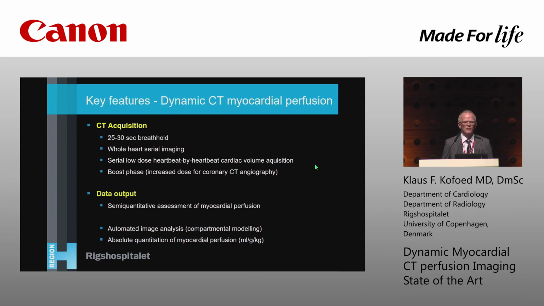I'm just saying, if you want to have the curve for the whole myocardium, you need the whole myocardium for every beat. So you do a serial low-dose heartbeat-by-heartbeat cardiac volume acquisition, and of course it goes without saying that if you have a high heart rate, the time where you scan will be lower. You do a boost phase, which means that you increase the radiation, so you actually can see a high-quality angio.